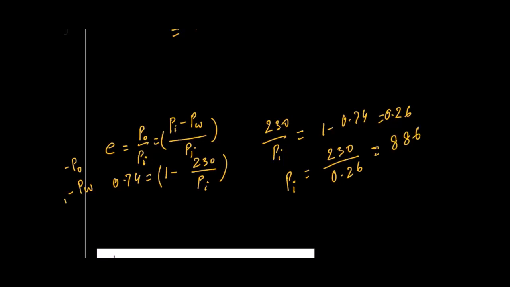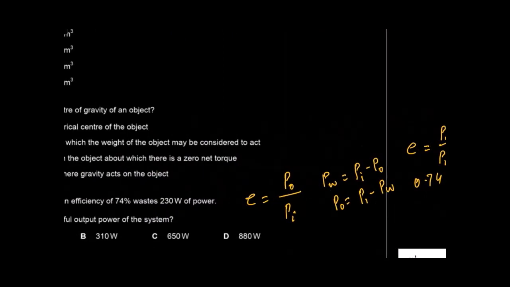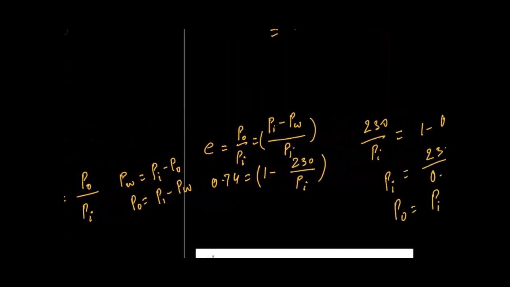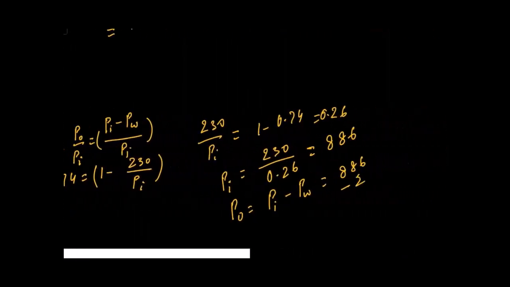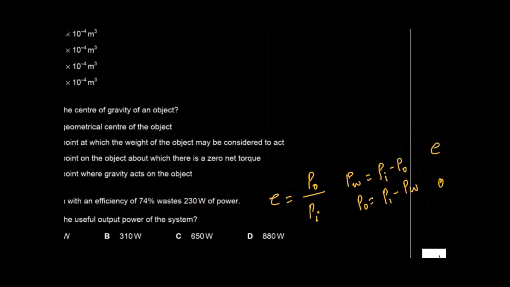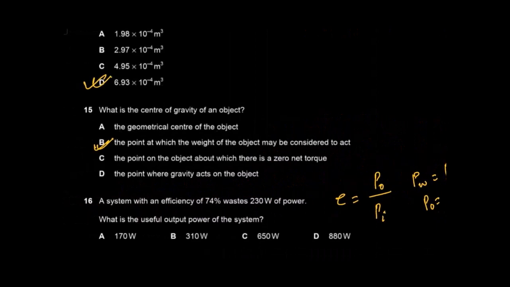So output power is equal to input power minus waste power. This comes out to be 886 minus 230, which is 665. So 665 is near to 650.